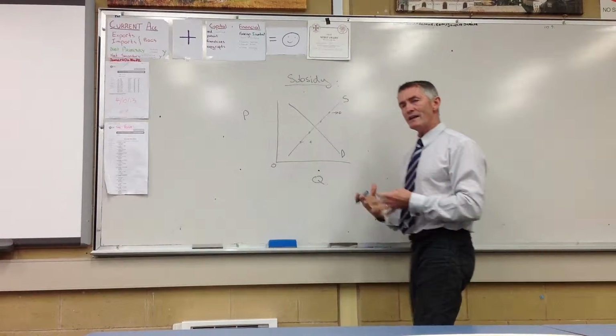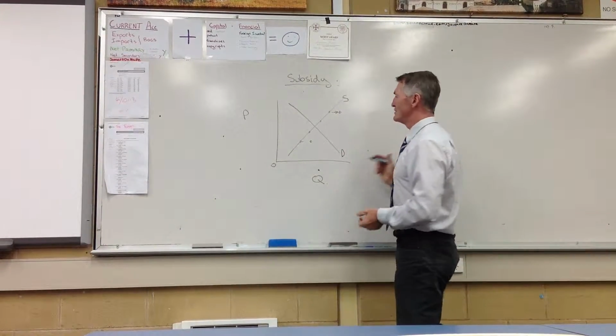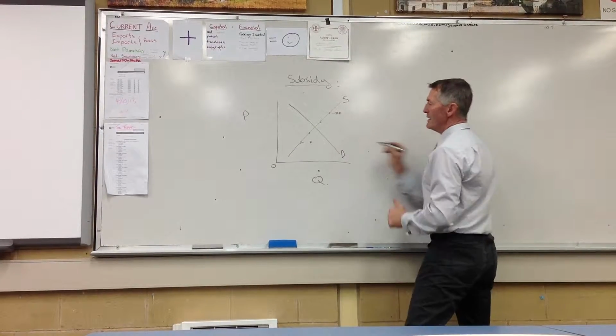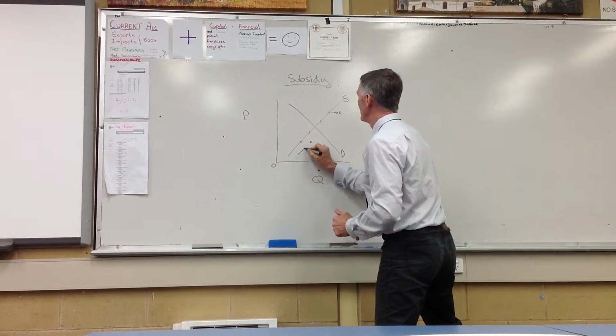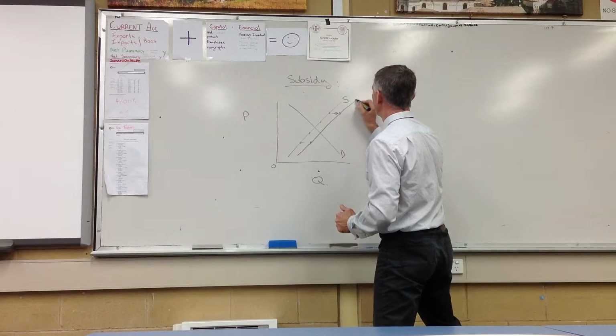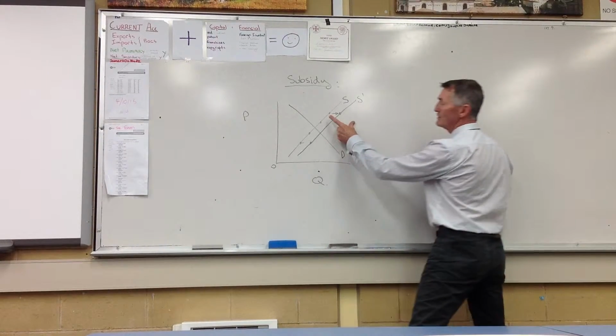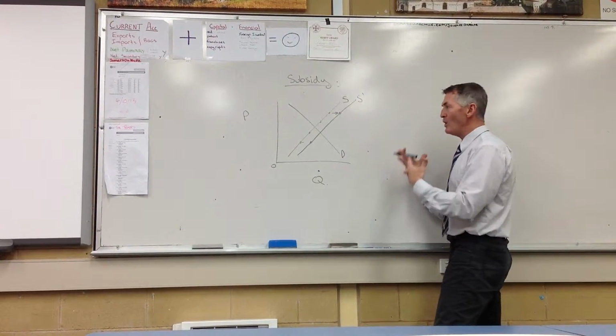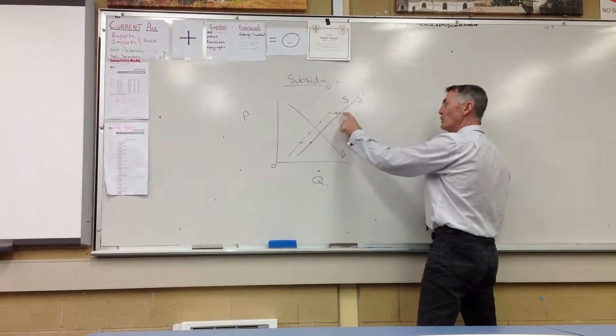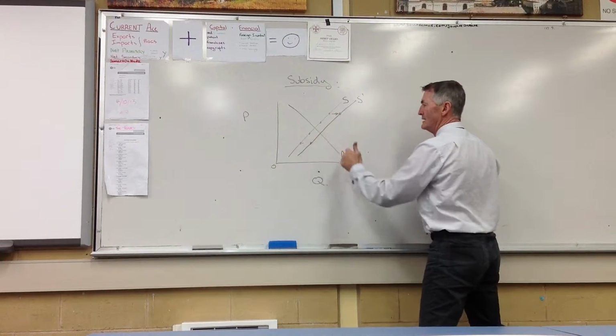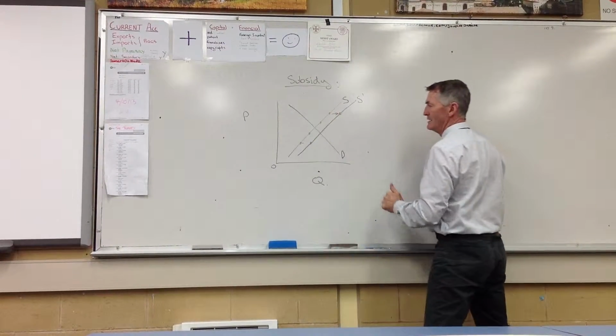Now, if you assume that holds for every producer in the industry, what you end up with, after you put your subsidy in place, is a movement in the supply curve to the right. The whole industry now will put more on the market at each and every price.